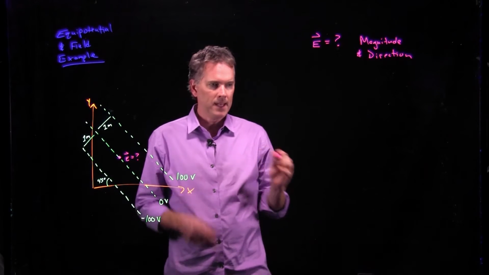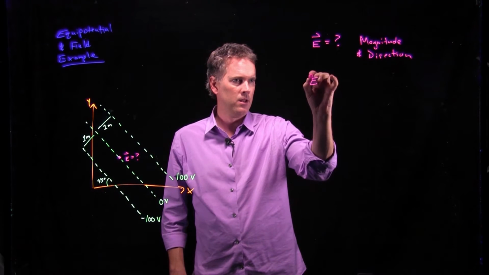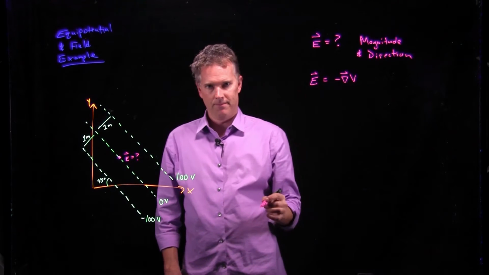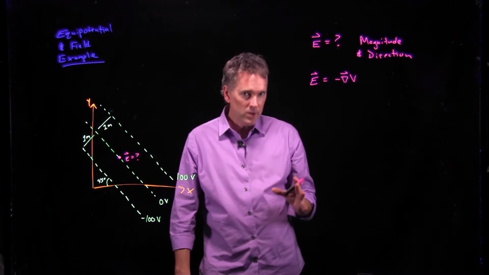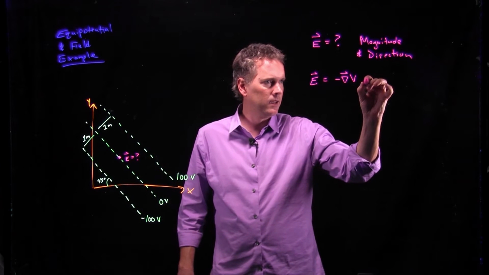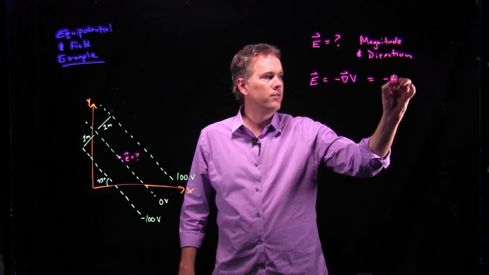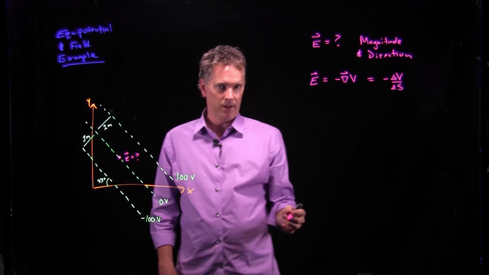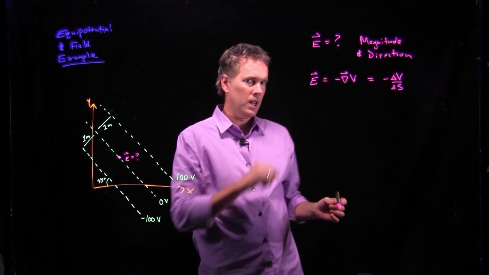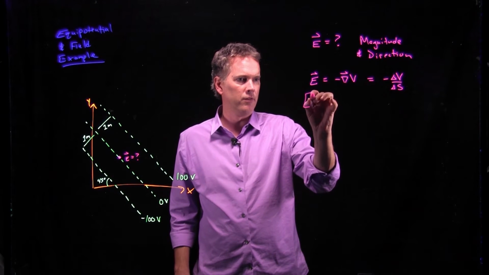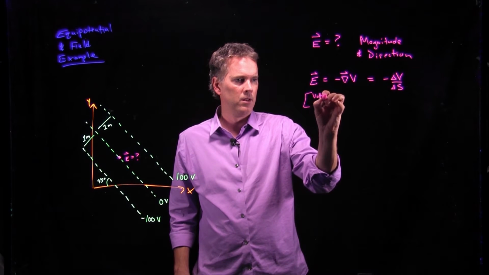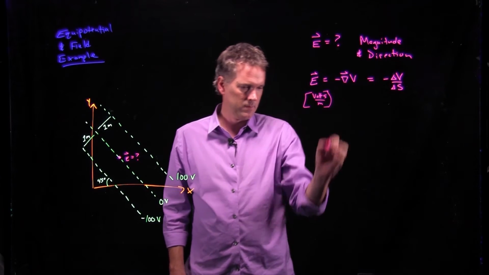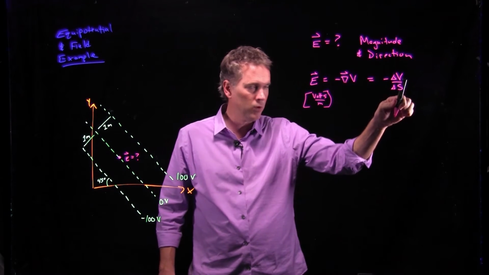We know that the E field is negative del V, which is really kind of like negative delta V over delta S. Right? Electric field is in units of volts per meter. Okay, which is exactly what we get right here, volts per meter.